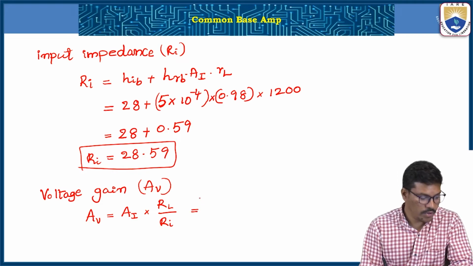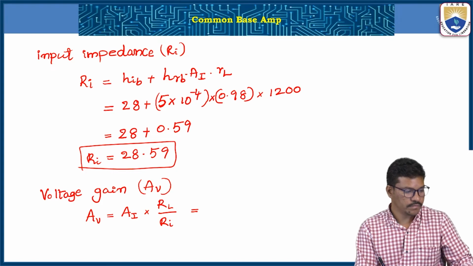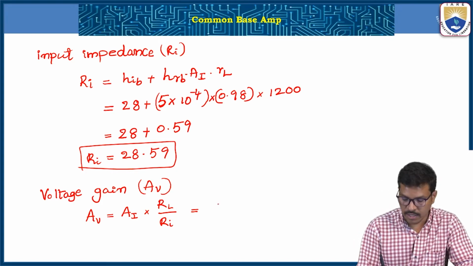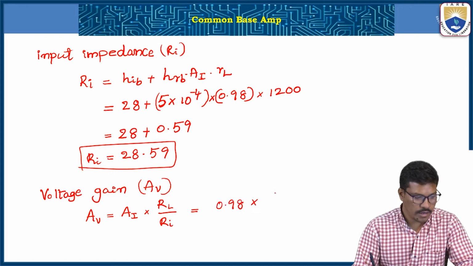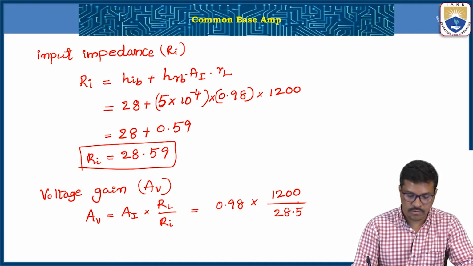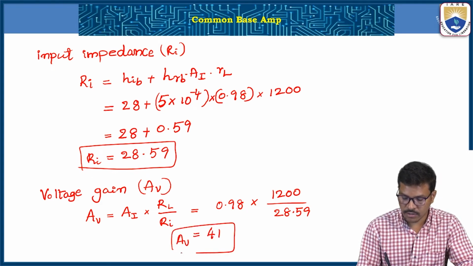All are available now. Current gain 0.98, RL is equal to 1200, divided by 28.59. You'll get 41. So AV is equal to 41.